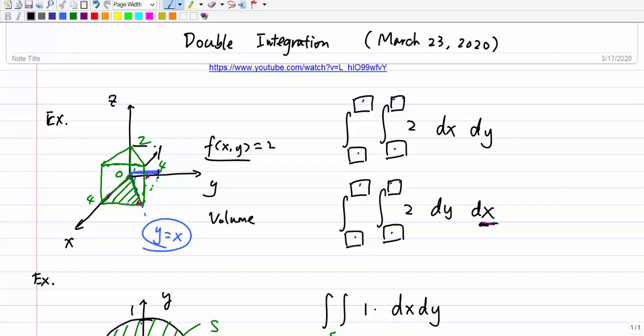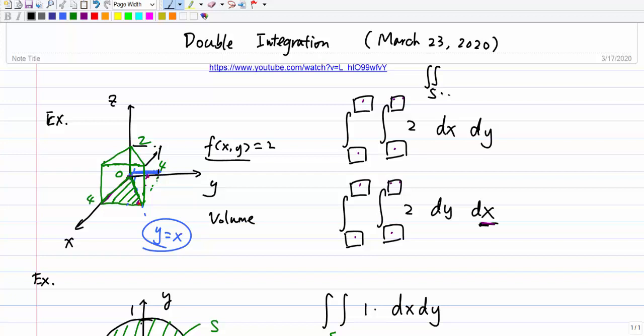break. Before spring break, I also posted a video to explain how I compute the double integration by rewriting the standard double integration, typically in the form of integration over S, the region area.